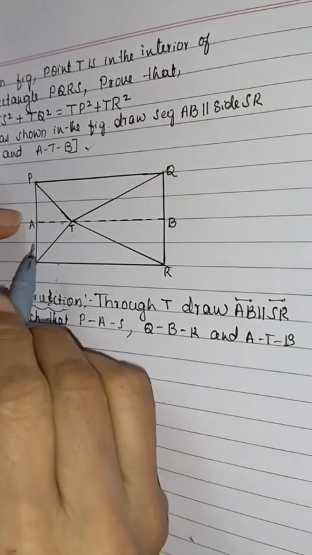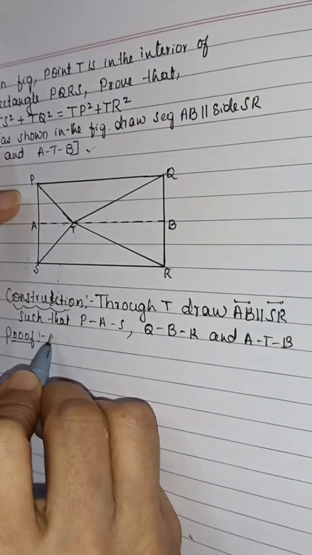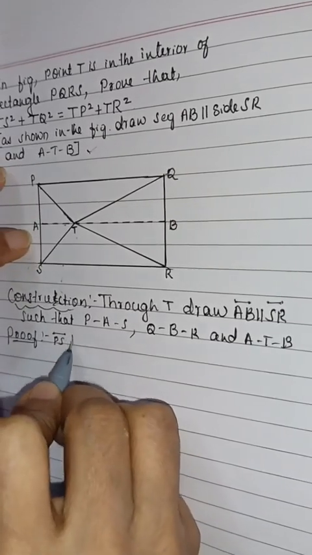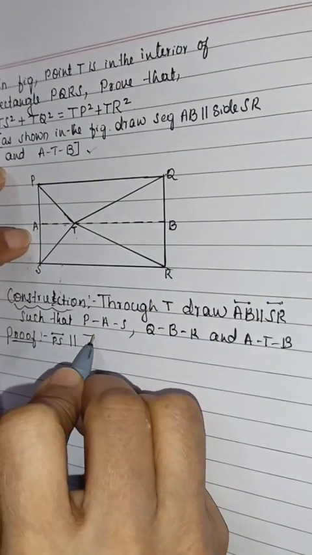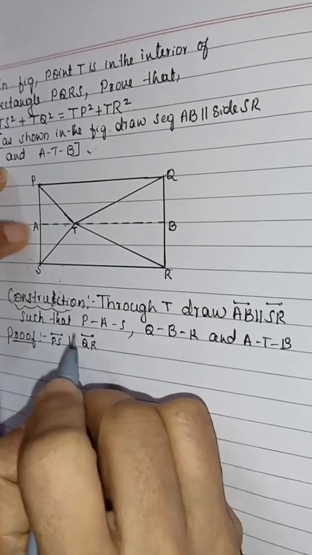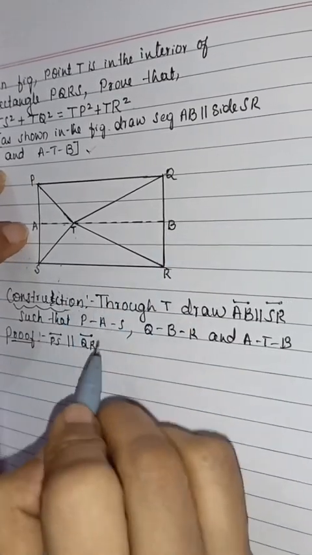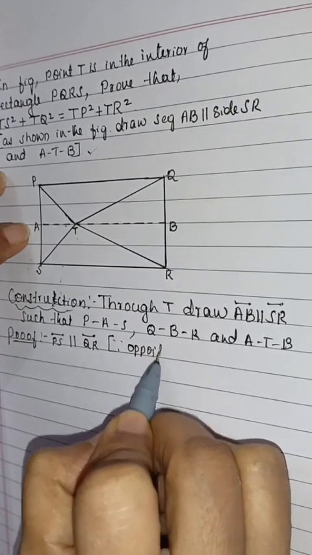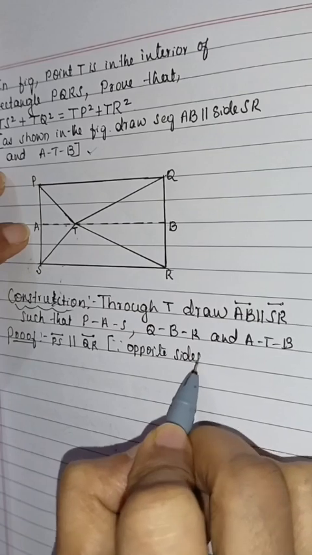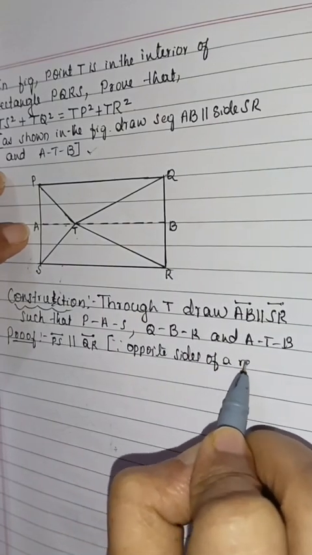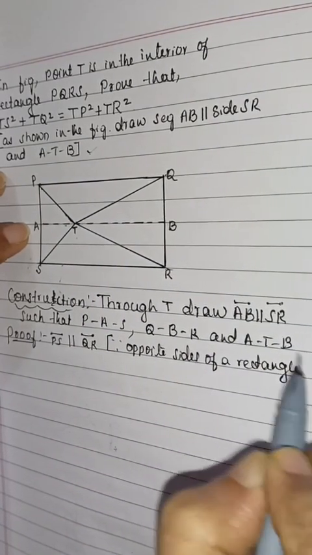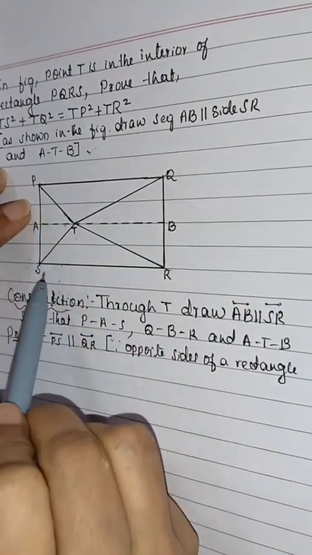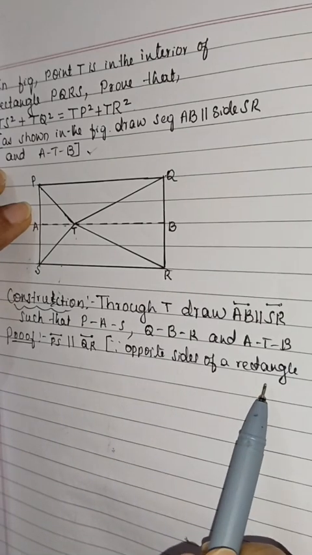Here, segment PS is parallel to segment QR because they are opposite sides of a rectangle. See, this is given here: rectangle PQRS, PS is parallel to QR because they are opposite sides of a rectangle.